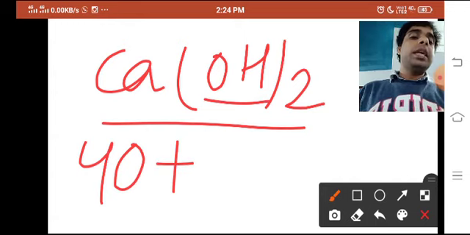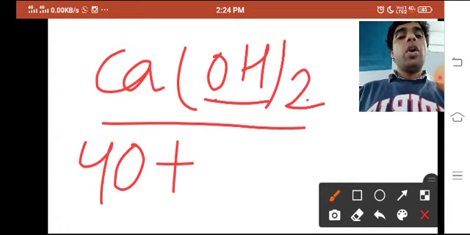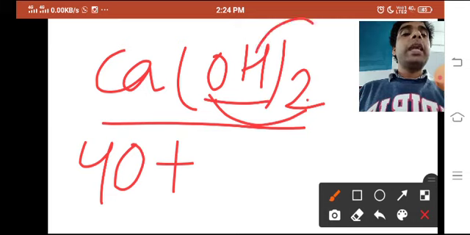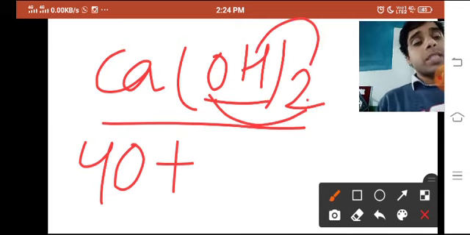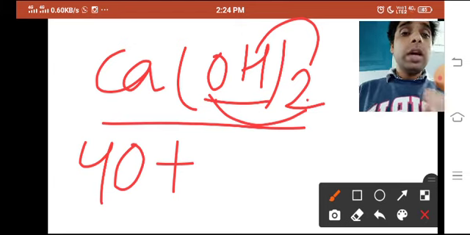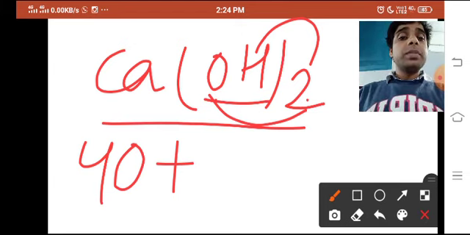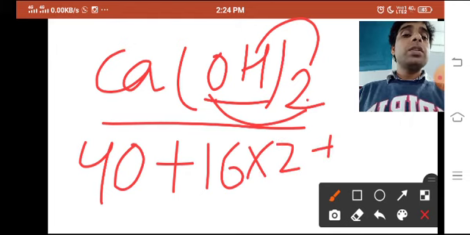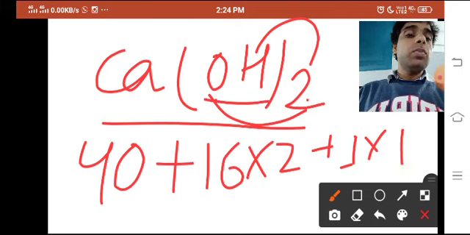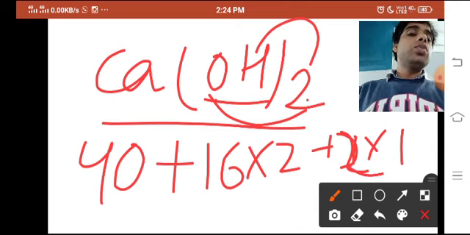Lots of students think that oxygen is 1 only. No, oxygen is multiplied with 2 also, and hydrogen is multiplied with 2 also. Both of these atoms are multiplied with the 2. So 2 oxygen, that means 16 into 2, plus hydrogen, sorry, hydrogen 2 is there, so 2 into 1.